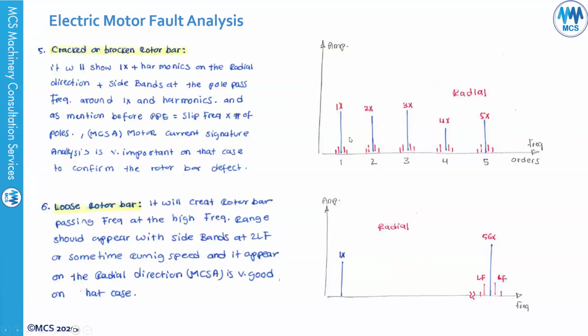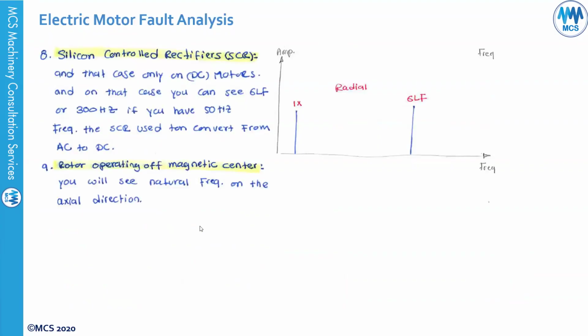However, this will be modulated with sidebands at the pole pass frequency, which is the slip frequency multiplied by the number of poles. For a loose rotor bar, you will see twice line frequency, and you'll see the rotor bar passing frequency, which is the number of rotor bars of the motor, with sidebands at twice line frequency. This will be an indication of a loose rotor bar.